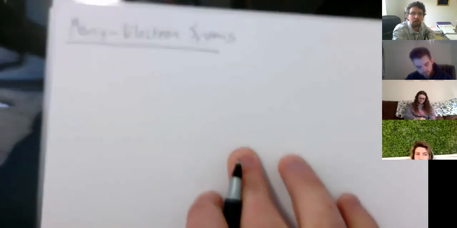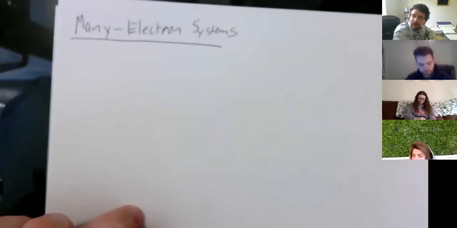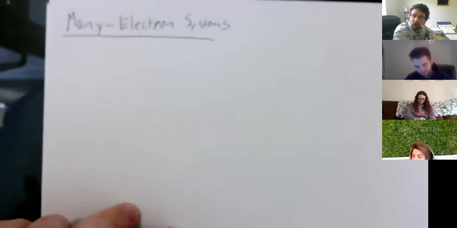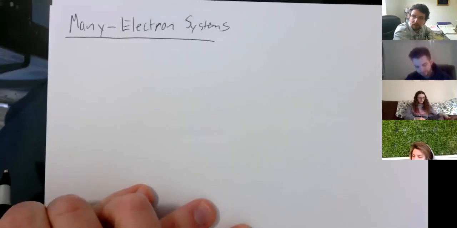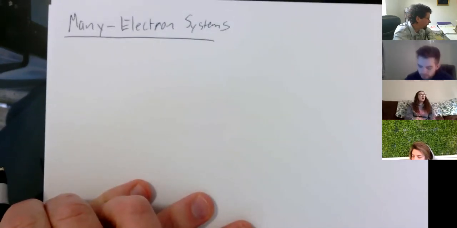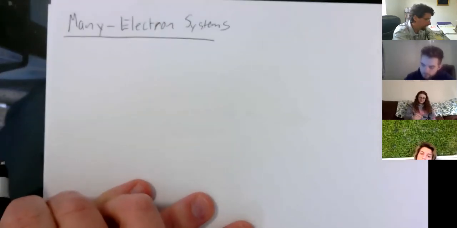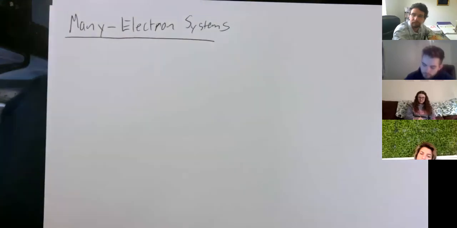Okay, so what we know is we can solve the hydrogen atom, but anything else that has more than one electron, we can't actually solve analytically. Why can't we do that currently? There's too many interactions and you don't know where all of them are.